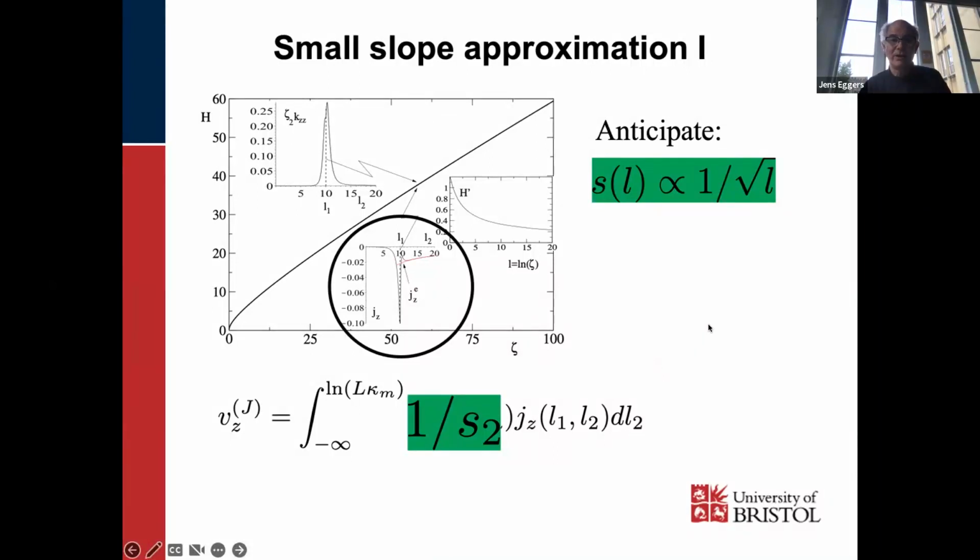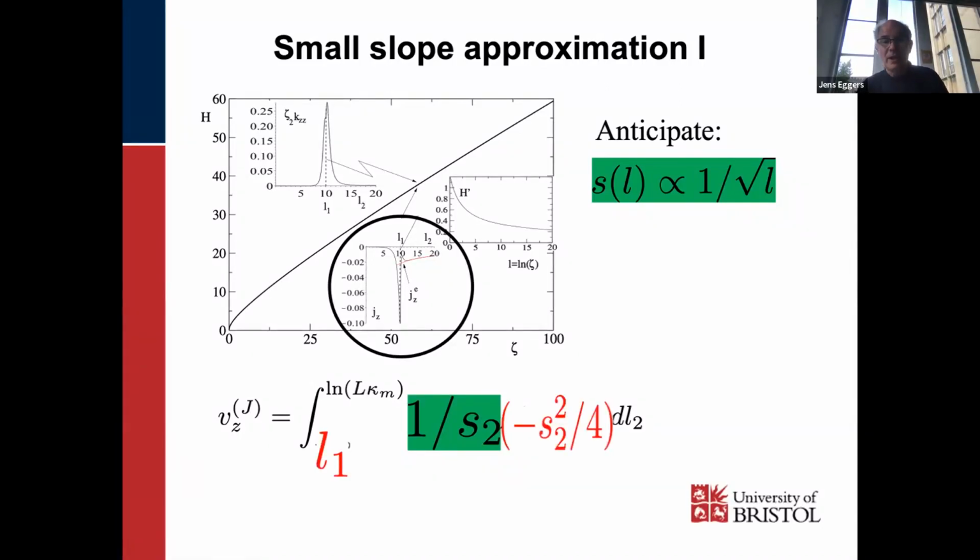To simplify the expression, I anticipate that the slope actually becomes small for large values of L, and I use this fact to simplify the expression for the mean curvature. The mean curvature then just becomes 1 over S2.